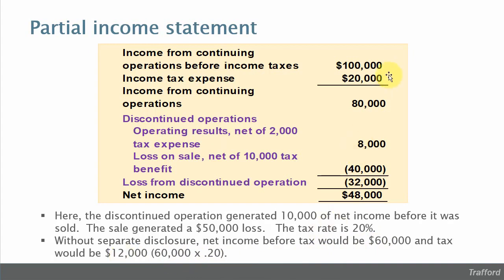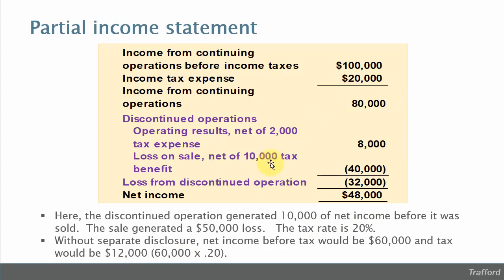Up here is how the company would actually have to report this, because in this case we're assuming that the sale qualified as a discontinued operation. Notice that we're still reporting $48,000 of net income, and we're still reporting $12,000 of overall tax expense. There's $20,000 here, $2,000 here, that's $20,000, $22,000, and then this is a tax benefit.